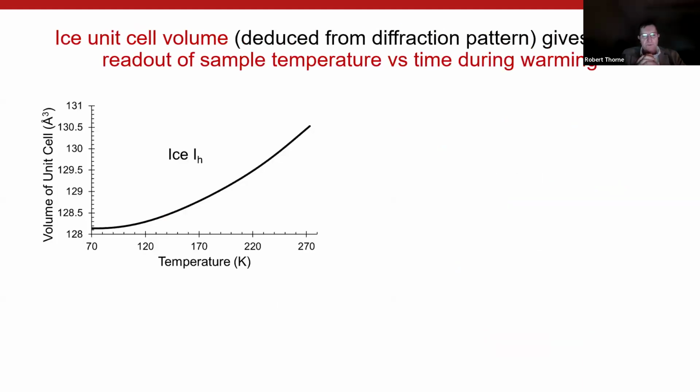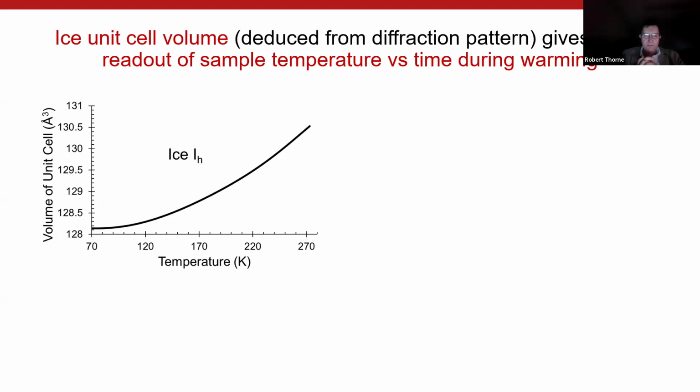So one problem in a lot of studies of cryopreservation is, how do we measure the temperature of the sample? And how do we measure the cooling and warming rates? We can use thermocouples, but how accurately are they actually recording what's going on inside our cell? What's really cool is that, as long as you've got some ice in your sample, that ice will have a certain unit cell size, and that unit cell size depends on temperature.